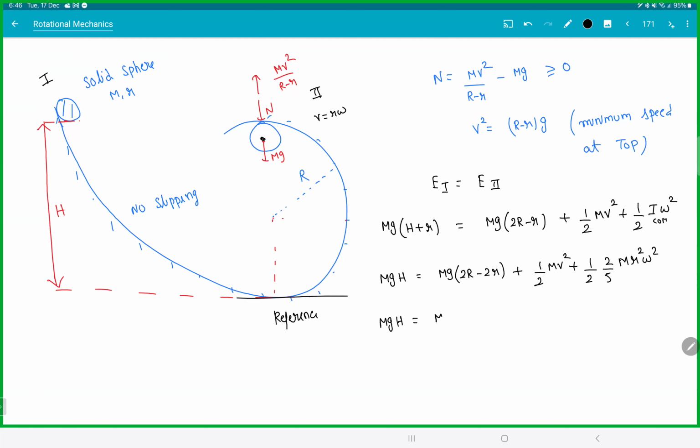This would be mgh, mg(2R minus r), I'll just take out 2 common. This would be 1 by 2 plus 1 by 5, which is 7 by 10 mv square. Now bring that v square and substitute here.